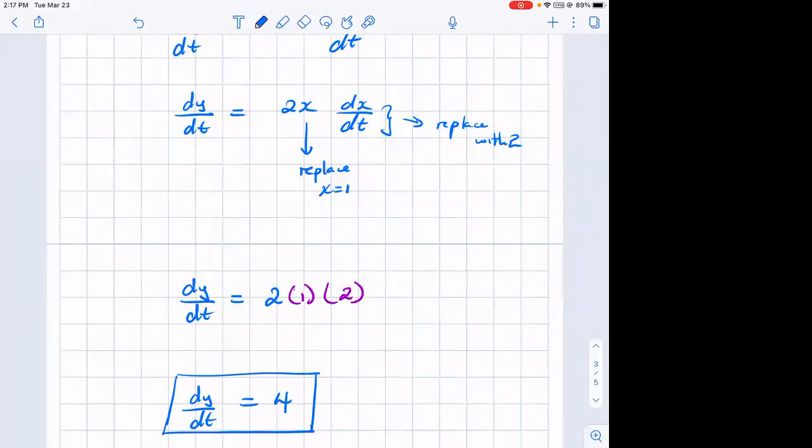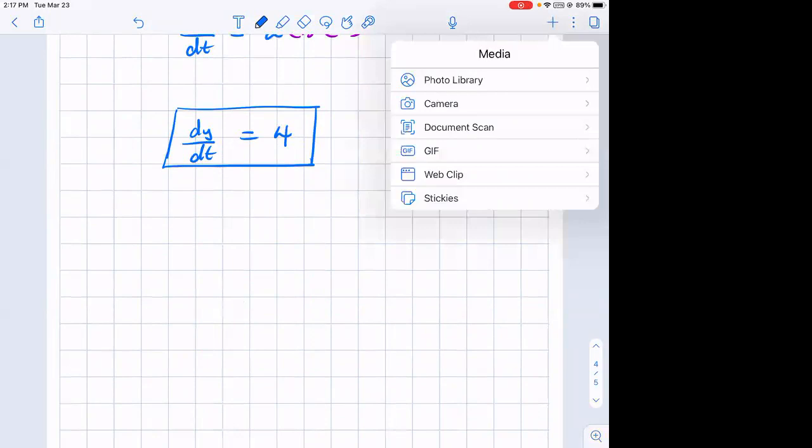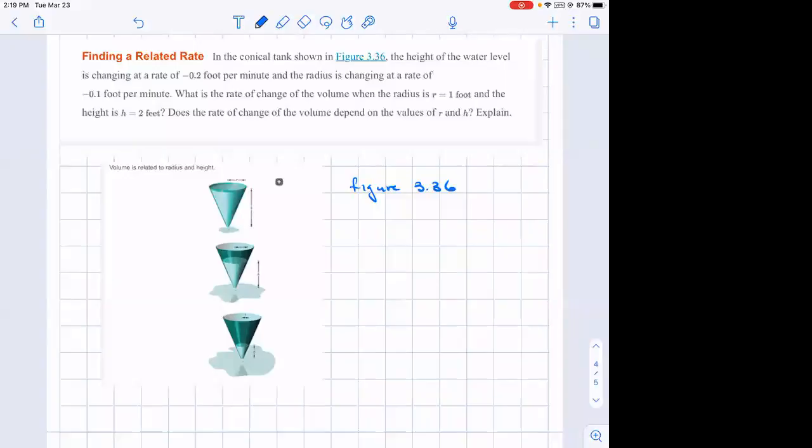Okay, let's look at another example. Or actually, let's look back at this one here. In this example, what is the rate of change of the volume when the radius is 1 and the height is 2 feet? And then the follow-up question, does the rate of change of the volume depend on the values of R and H? Explain.